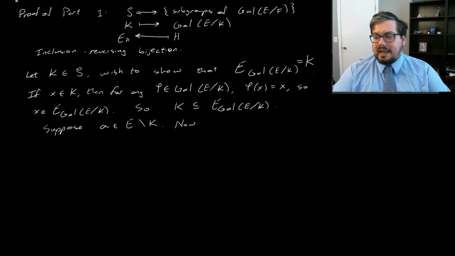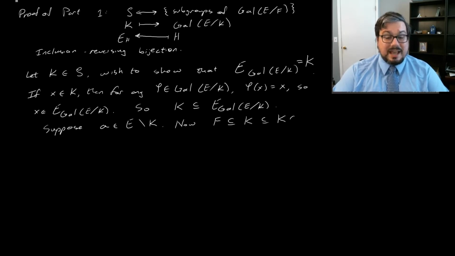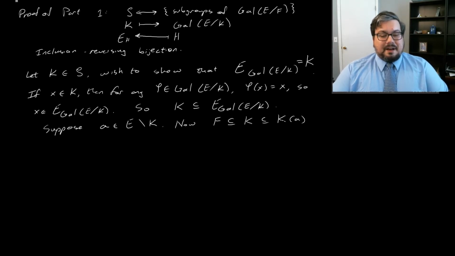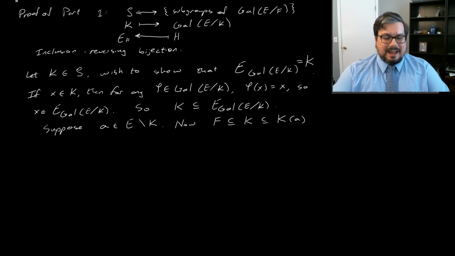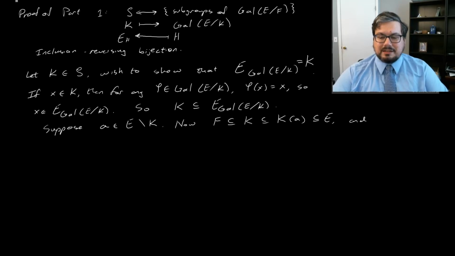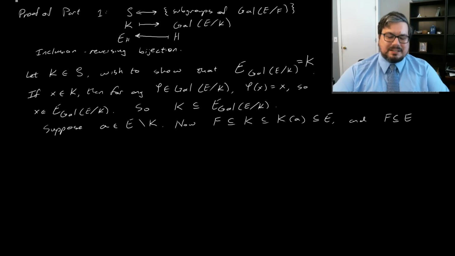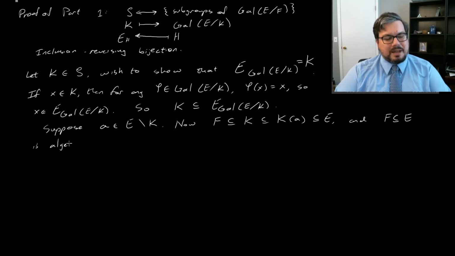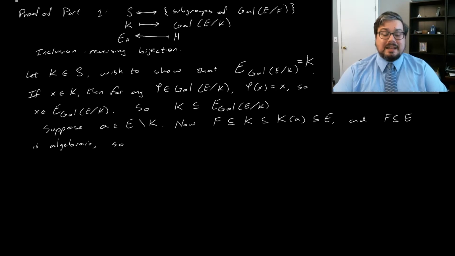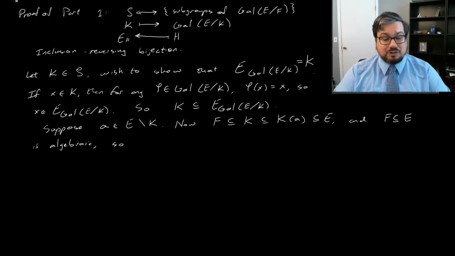So now we have that F is contained in K, which is contained in the field K(a), the smallest field containing K and a, which is all contained in E. And we have that F contained in E is an algebraic extension. So any sub-extensions of an algebraic extension are algebraic.